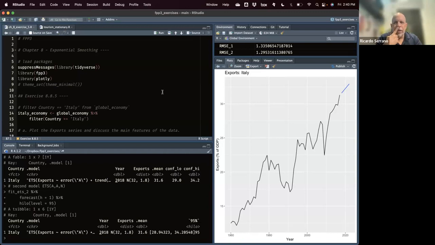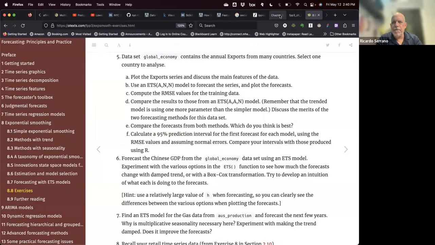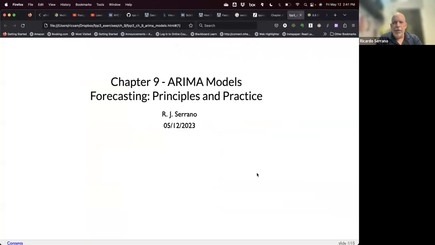Okay, so let's talk a little bit about the next chapter, just a little bit of introduction. The next chapter is one of the most fundamental for forecasting, because, like exponential smoothing, ARIMA models are also a traditional model for forecasting time series.